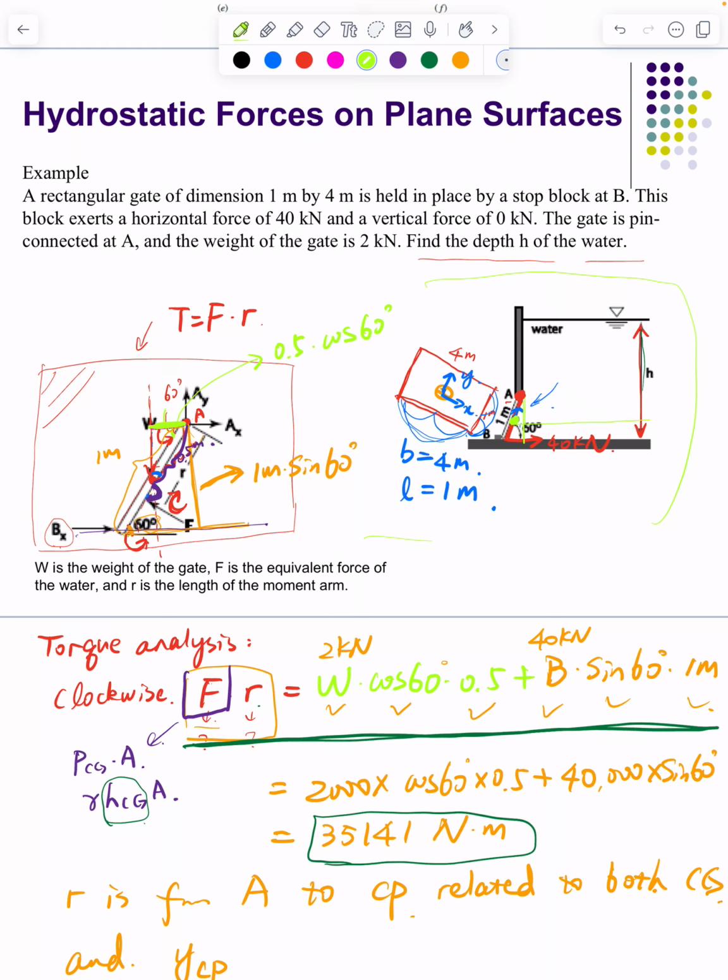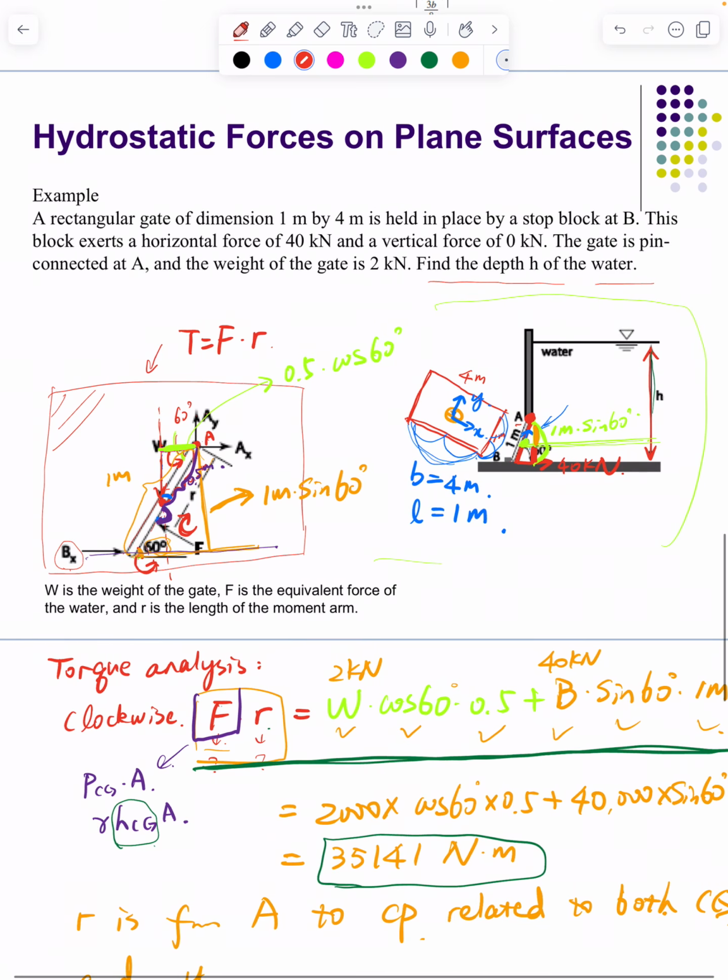This is at the middle, so this part is 1 meter multiplied by sine 60 degree. And because it's from the middle, this distance equals this distance.